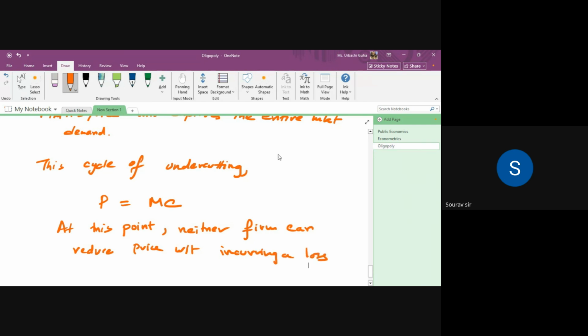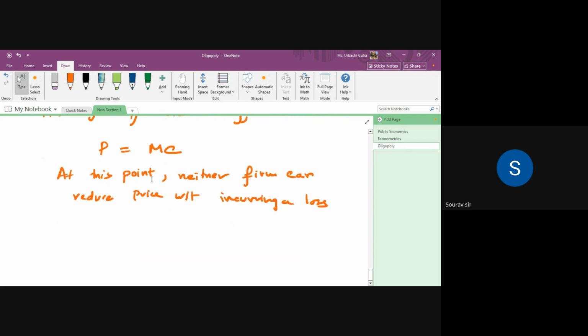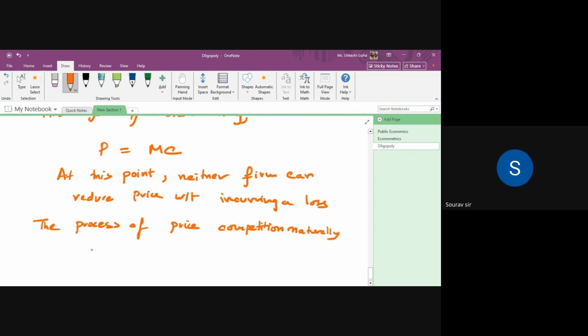Clear? So this process of price competition, naturally, will lead to what? It automatically drives the price down to cost.